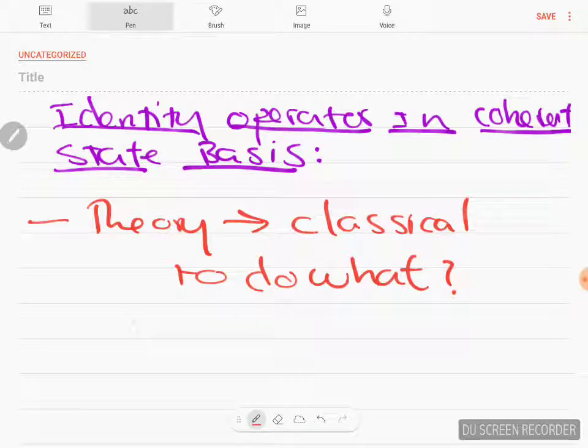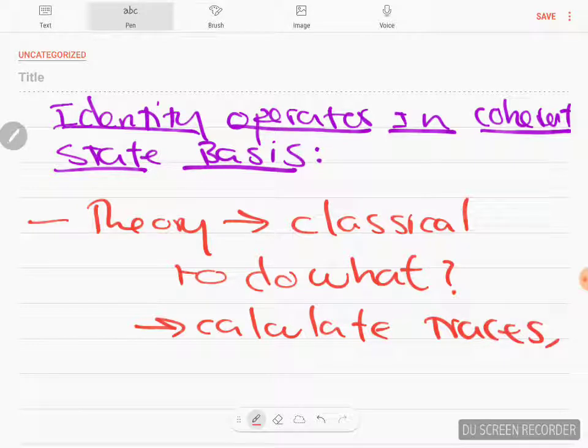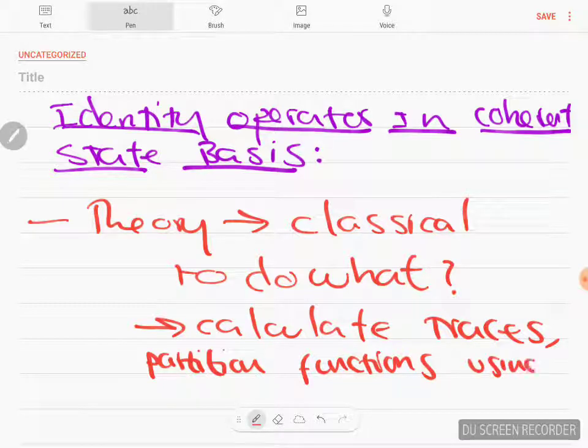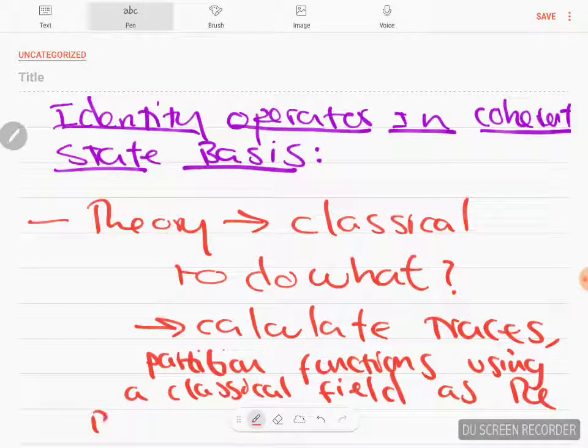To calculate traces, and more specifically, partition functions, using a classical field as the basis state of our representation.